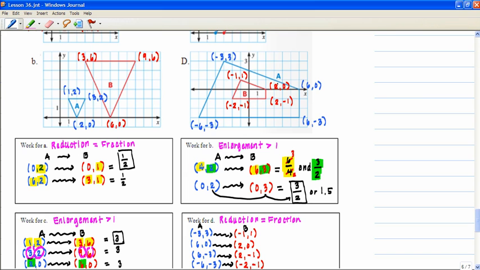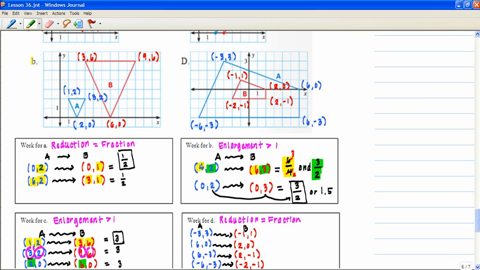And one of the things I added to all of our work boxes is little things that I think are a good way to start. If you have a reduction, you should tell yourself, I should have a fraction smaller than 1. And if I have an enlargement, I should have a number greater than 1. So we have a reduction in part D, so we should have a fraction that is smaller than 1.